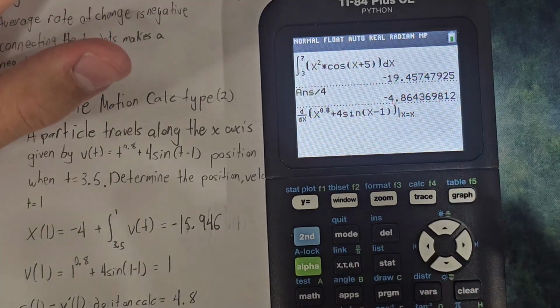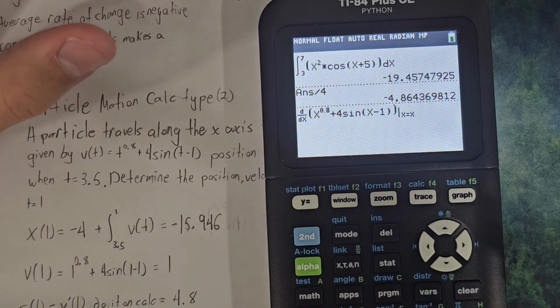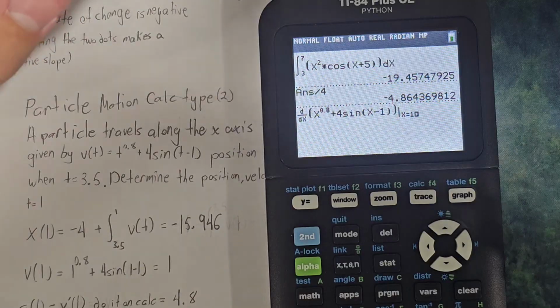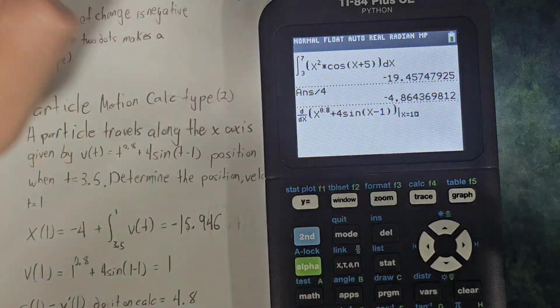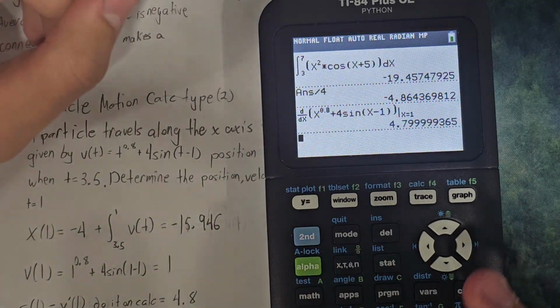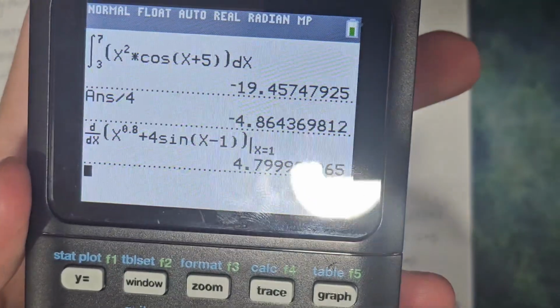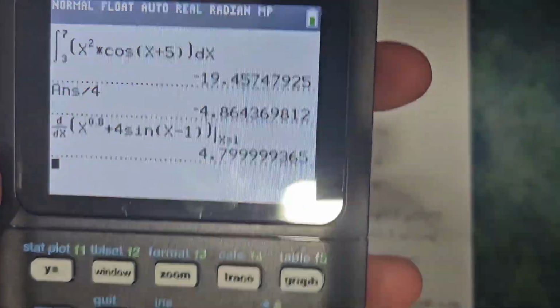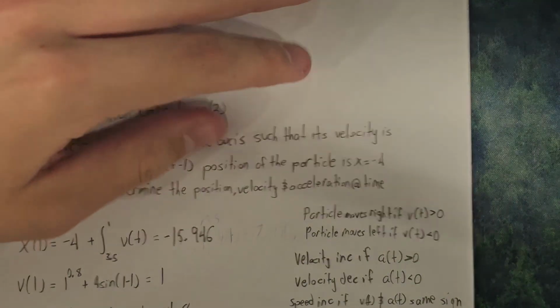And that's x equal to 1, not x, right? Because we want to find it at a very specific point. So type that in, and we get 4.7999999, and we can just round that to 4.8.